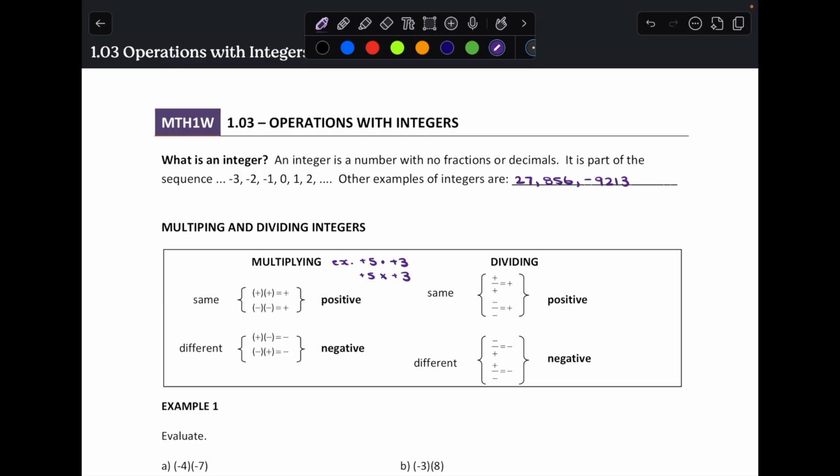That one is usually less common because, if we're working algebraically, then sometimes we might get that mistaken as a variable. And the last way to represent multiplication is using brackets. So here we have positive 5 times positive 3, using brackets. So these would be ways to represent multiplication.